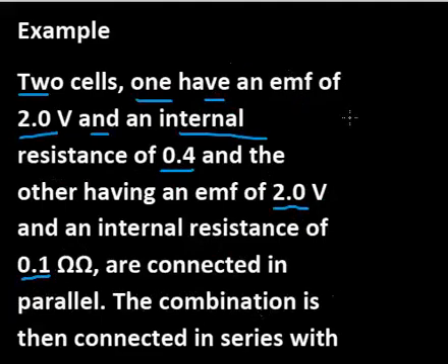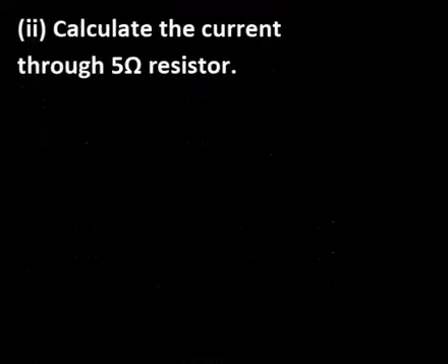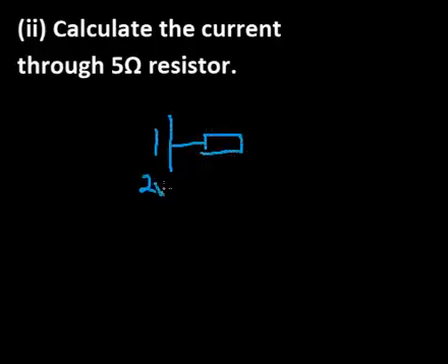So let's connect that. There are two cells, and they are connected in parallel. I'll connect them with the internal resistance. Let's say this is the very first cell, which is 2 volts.